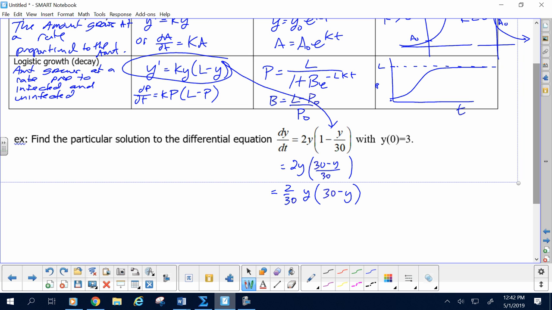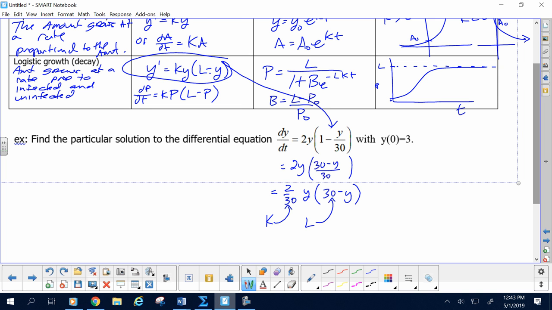Then it looks like our form. I don't want you to memorize two forms. So what's the k? 1/15th. And what's the L? 30. Sometimes they ask limits here. What does the population or y approach as time goes to infinity? 30, the carrying capacity, right?